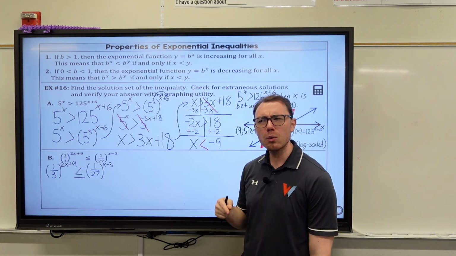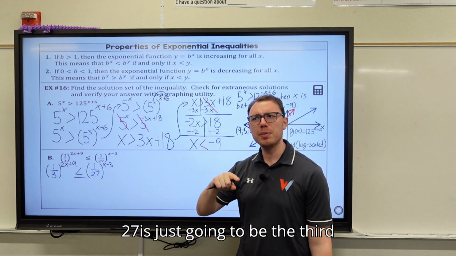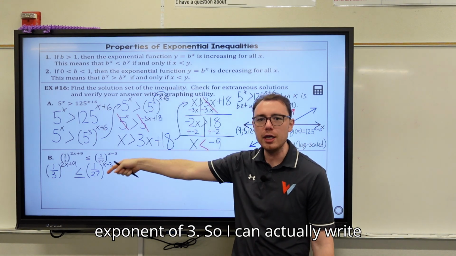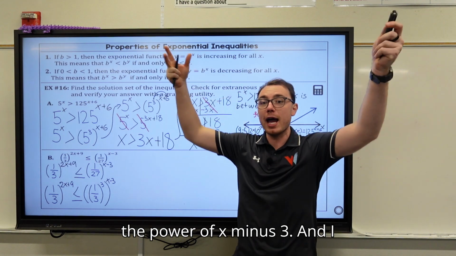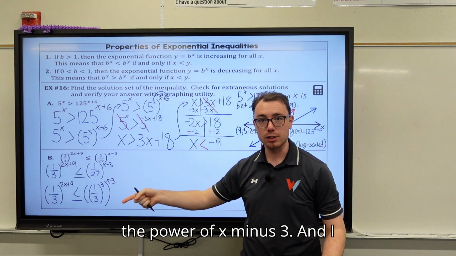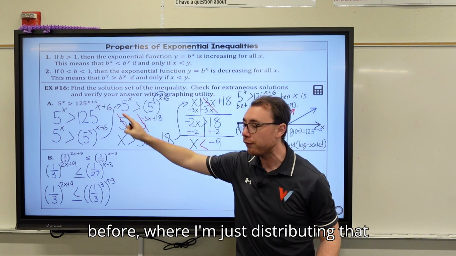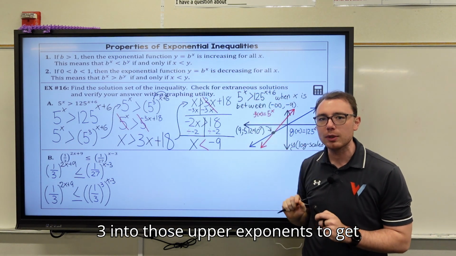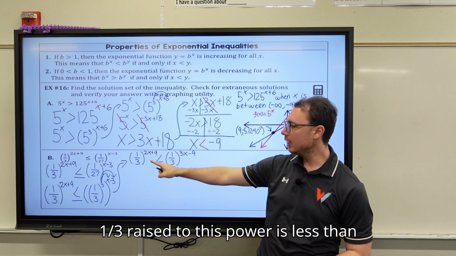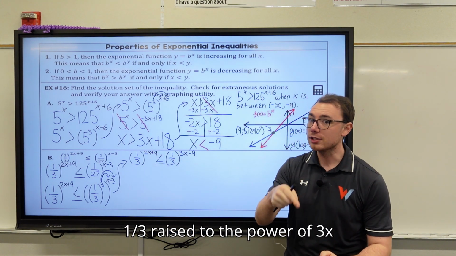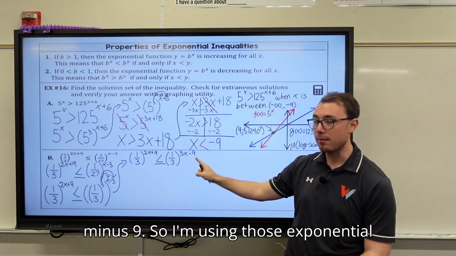I know that 27 is just going to be the third exponent of 3. So I can actually write 1/3 raised to the power of 3, raised to the power of x minus 3. And I can use that same trick that we did before, where I'm just distributing that 3 into those upper exponents to get 1/3 raised to this power is less than 1/3 raised to the power of 3x minus 9.